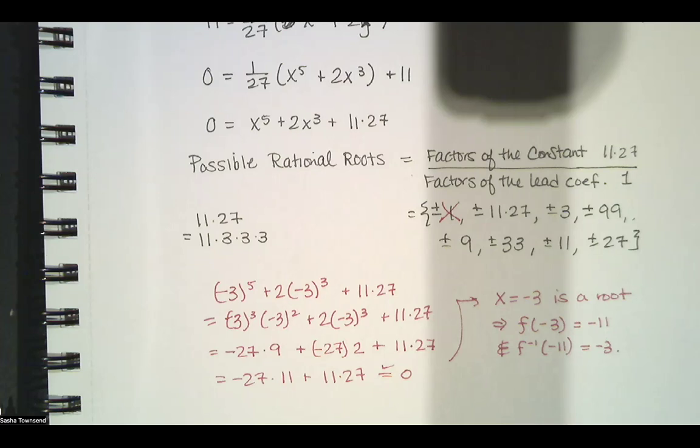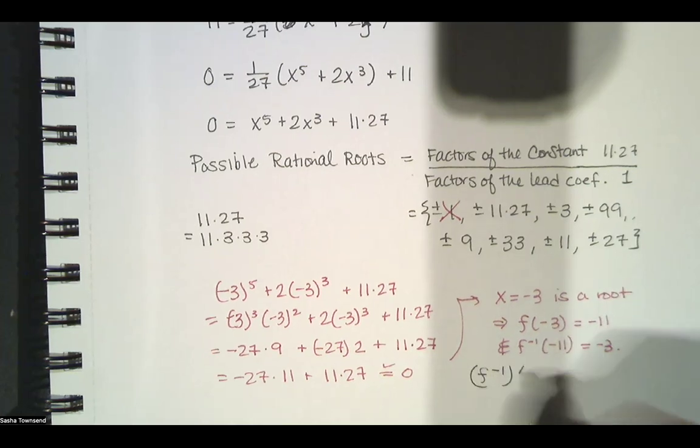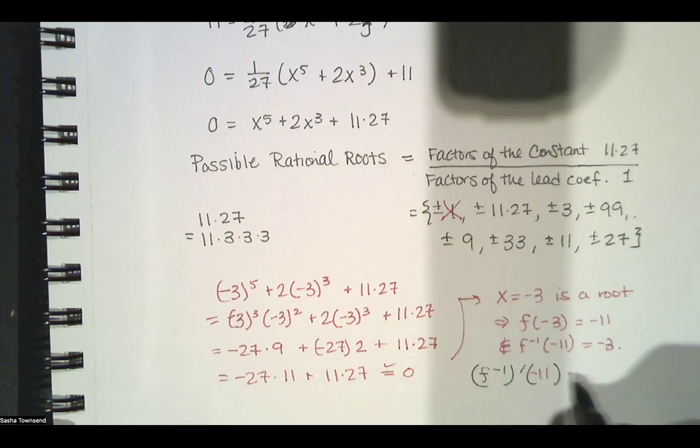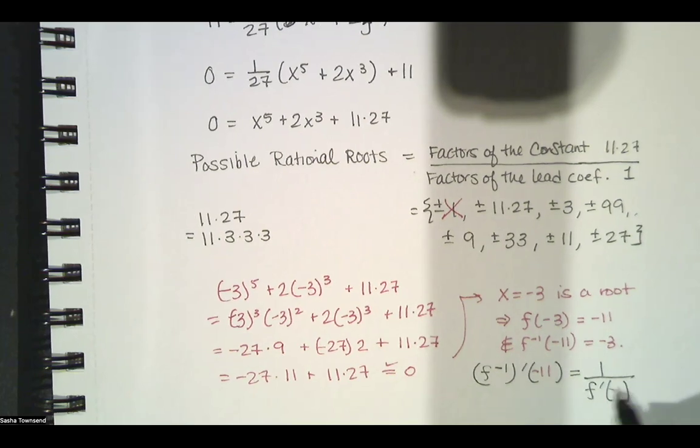You say, okay, well, how is that relevant again? We were asked for the derivative of f inverse at negative 11. Our derivative rule says just evaluate 1 divided by the derivative of f at negative 3.